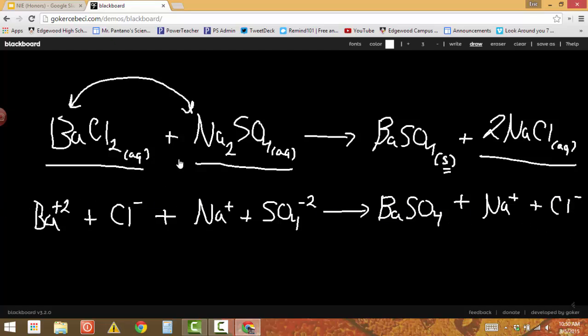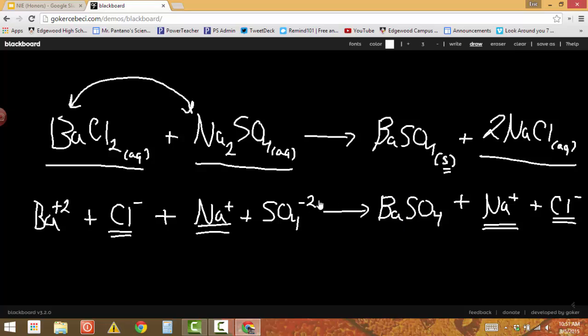We've split up any of the aqueous substances into their ions. Now we've got to identify any ions that are exactly the same on both sides. Well, I see a chloride ion here and one that looks exactly like it over here. I see a sodium ion here and one that looks exactly like it over here. Notice, yes, there's a barium here and a barium here, but they don't look exactly the same. This one has a charge.